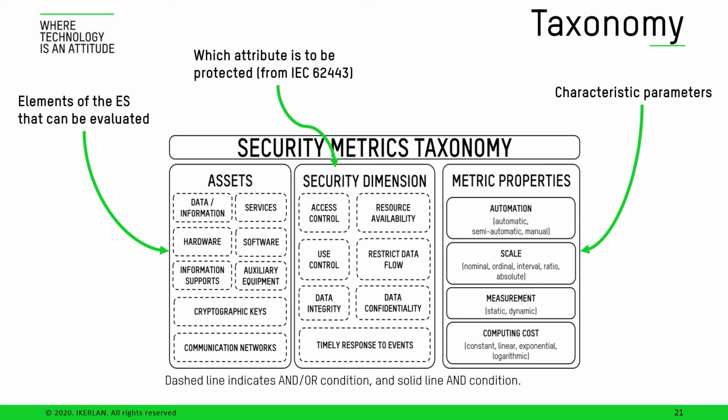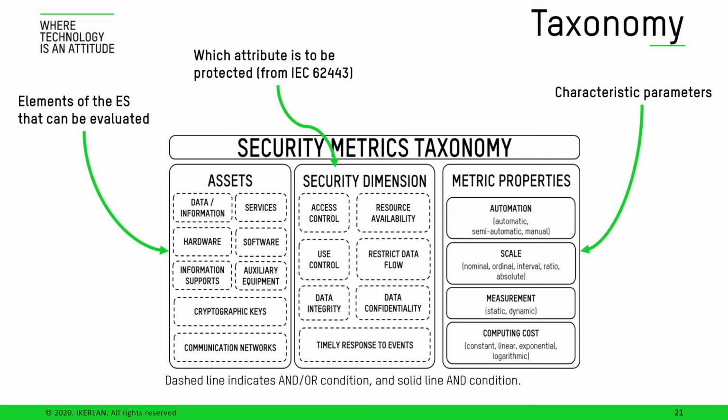Here we divide them as assets, which are the elements of embedded systems that can be evaluated, such as hardware, software, or data; security dimensions, which are the attributes to be protected; and finally metric properties, which are the characteristic parameters of metrics, such as is it possible to automate that metric, or how much does it cost to compute the metric.